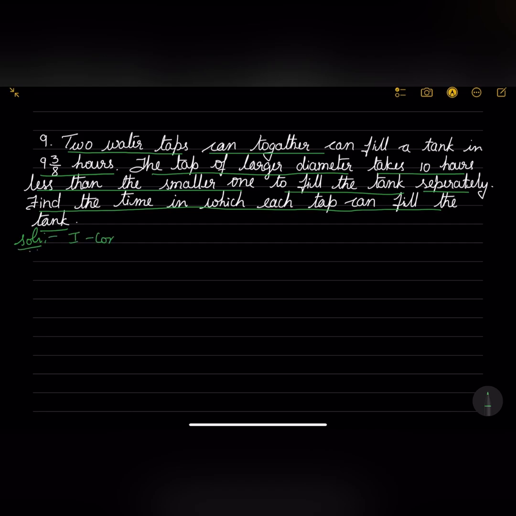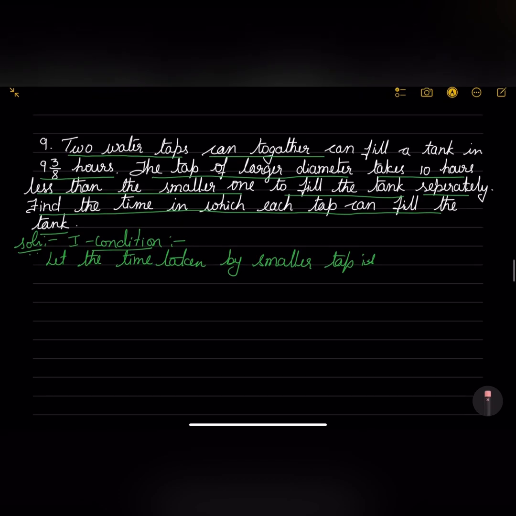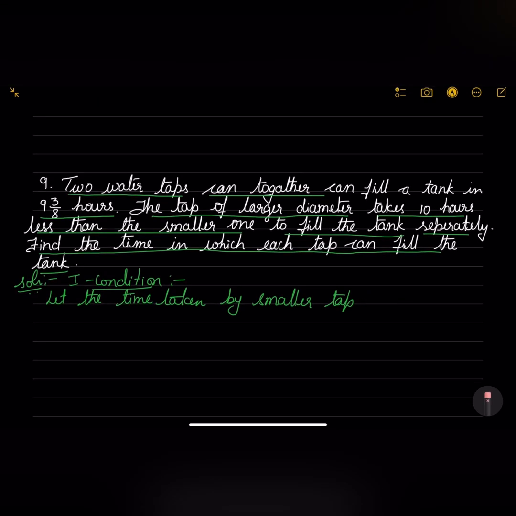What is the first condition? Let the time taken by the smaller tap to fill the complete tank be x hours.